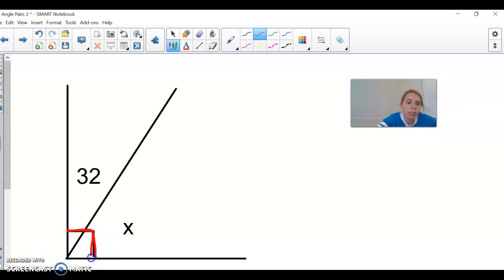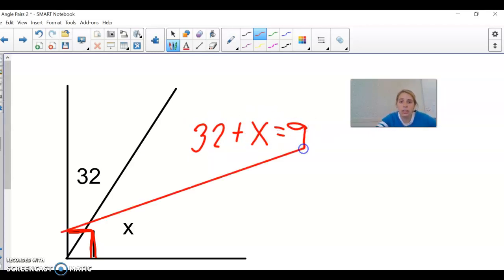So I'm going to combine them and add them together. I've got 32 plus x has to equal 90 degrees, because of our little box in the corner. To solve, I'm going to subtract 32 from both sides, and x is going to equal 68.